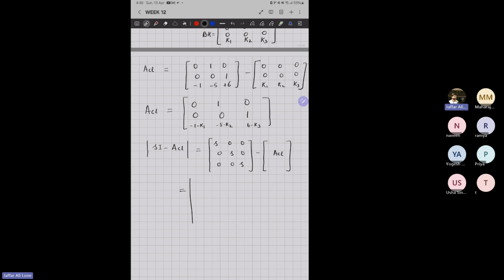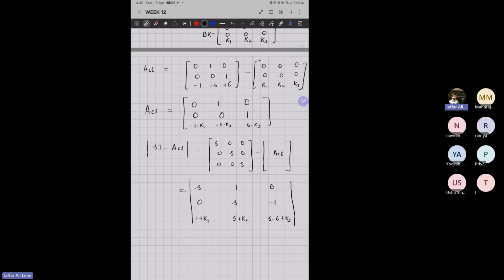It will be like this: S, minus 1, 0, 0, S, minus 1, 1 plus K1, 5 plus K2, S minus 6 plus K3.